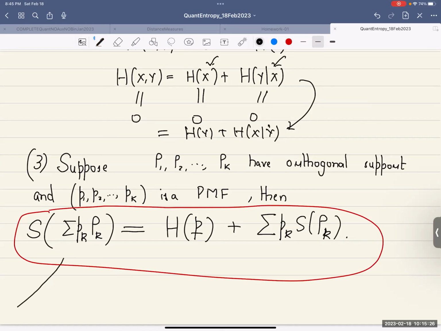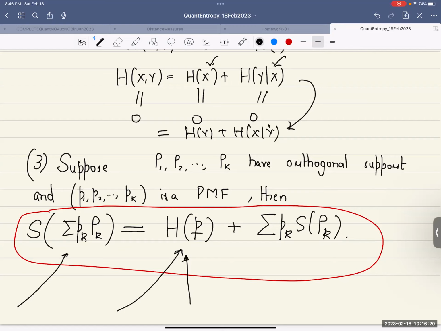If somebody has to tell me about this mixture, they can first tell me the index k of your system.